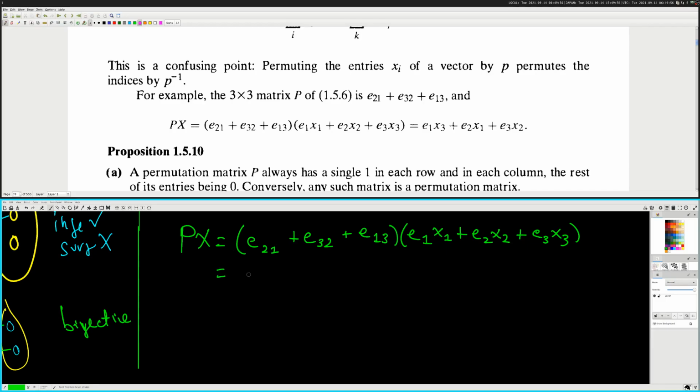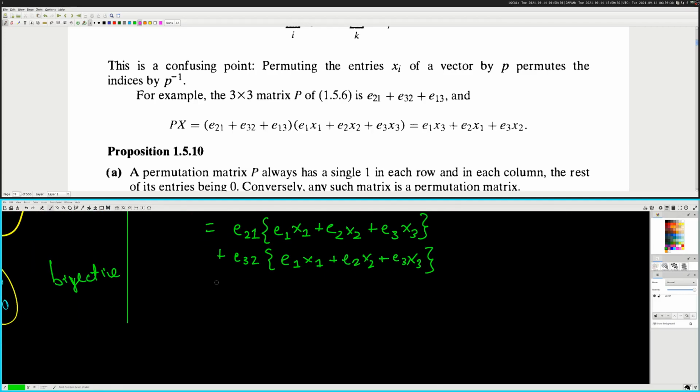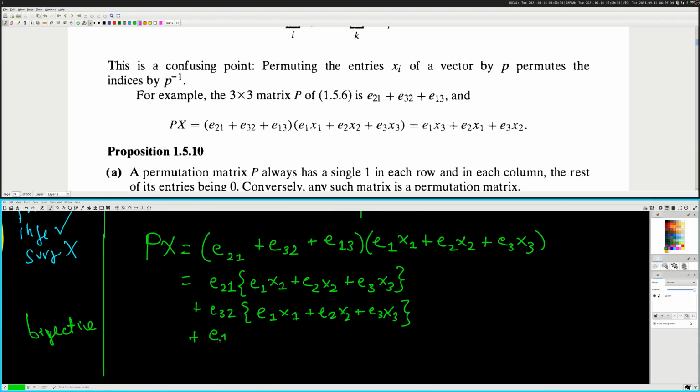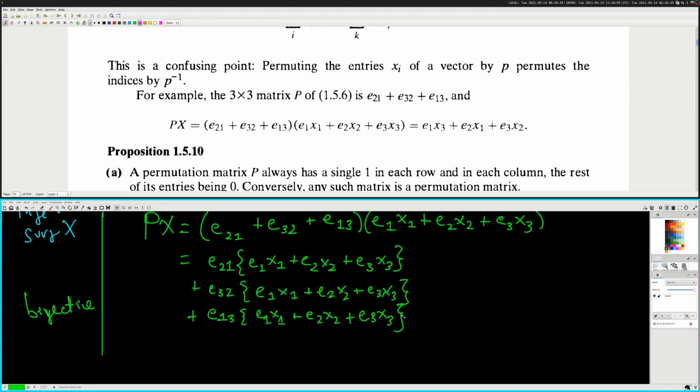This is equal to e21 times (e1x1 plus e2x2 plus e3x3), plus e32 times (e1x1 plus e2x2 plus e3x3), plus e13 times (e1x1 plus e2x2 plus e3x3). Okay.